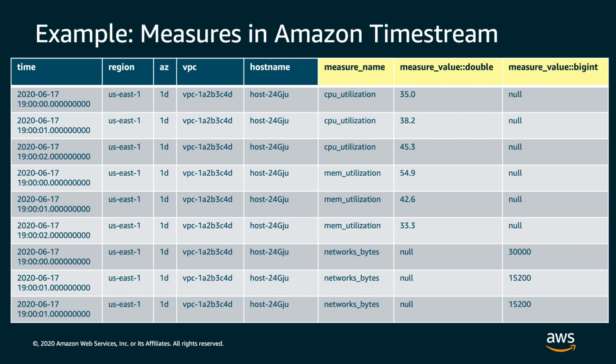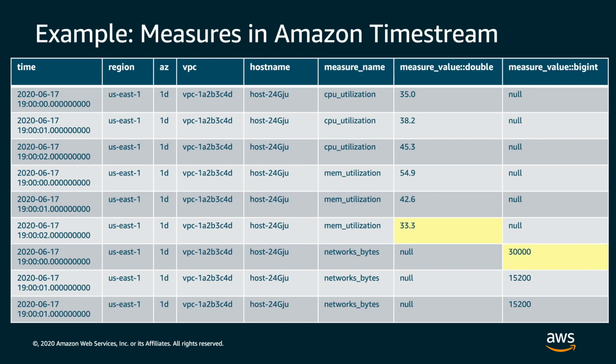So if, for example, you had never sent any data with a bigint, you actually wouldn't see that column for those records at all, or even in the table. So these are all dynamically added at runtime as well. And then obviously you can have different types of records that have these different measures, which you'd see things like this.